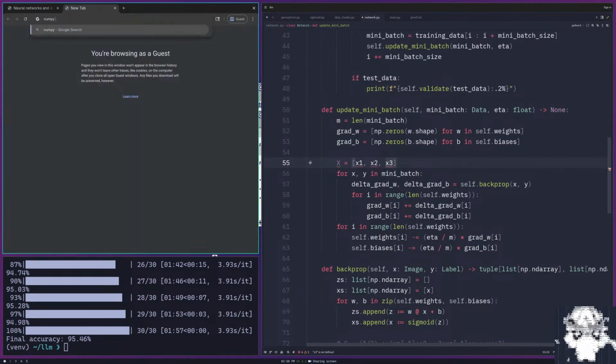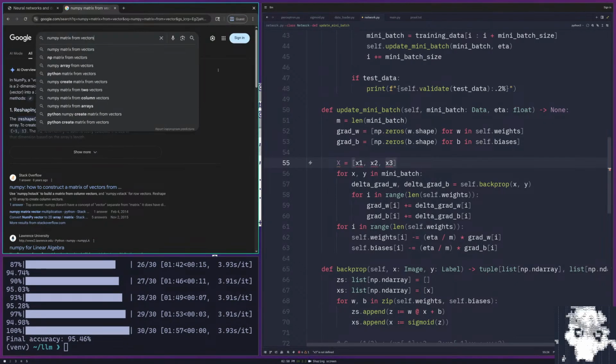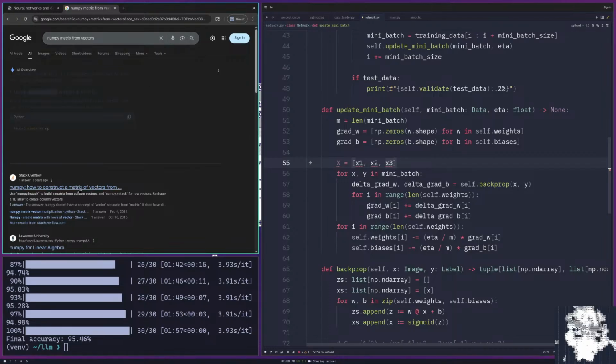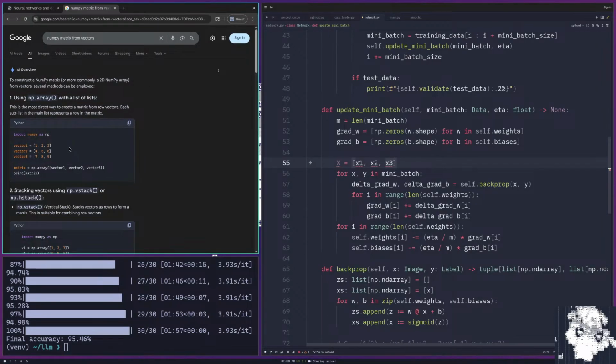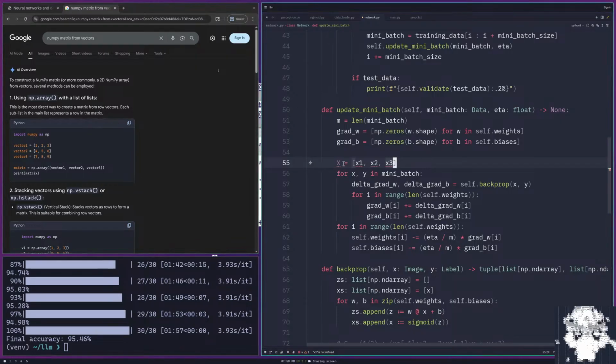So NumPy matrix from vectors, you can literally just do this. So x equals np.array this. And what is x1, x2, x3? It's just x for x, y in mini batch.